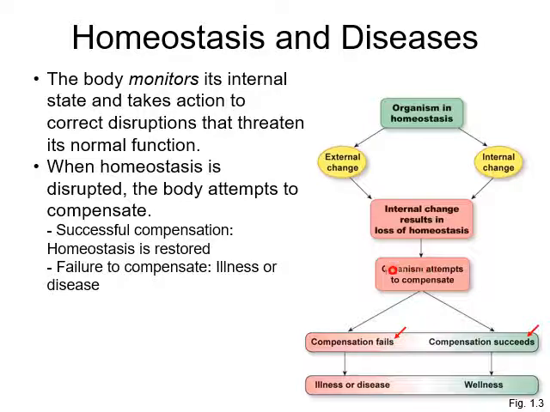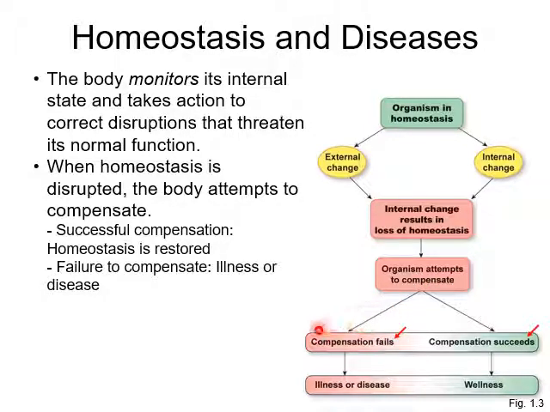The organism attempts to compensate. We'll talk a little bit about brown fat later on, but brown fat increases heat. Shivering increases heat, but that's all you've got since you're sitting out with no clothes on. The organism attempts to compensate. If you're out there long enough, your core body temperature keeps dropping and dropping.